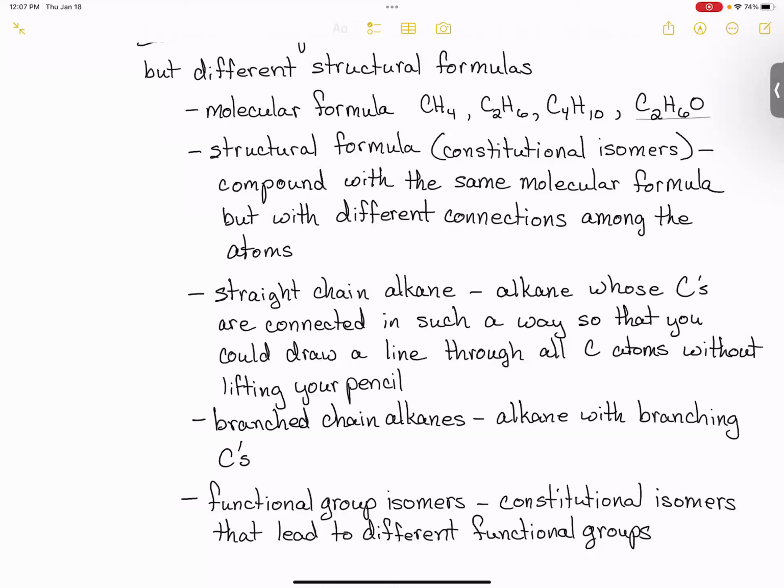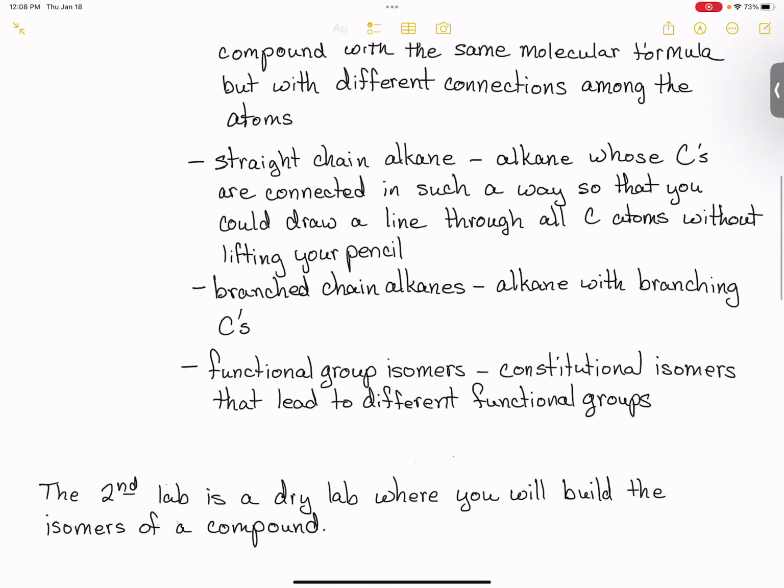And depending upon how you arrange it, will determine whether you have an alcohol or an ether. That would be considered a functional group isomer, because it's an isomer of the exact same molecular formula, but because we have arranged the atoms in a different format, we have obtained different functional groups.